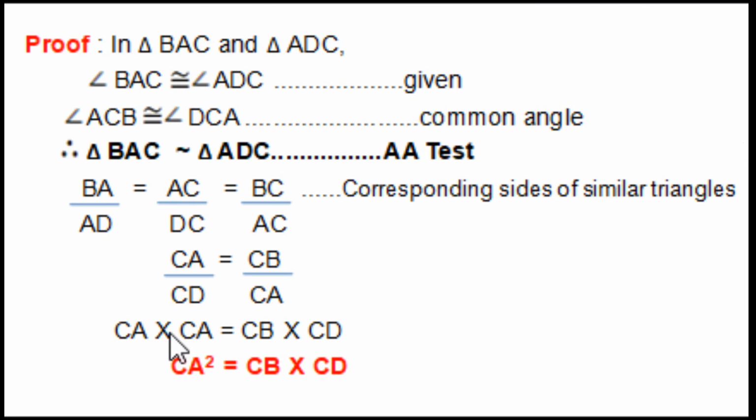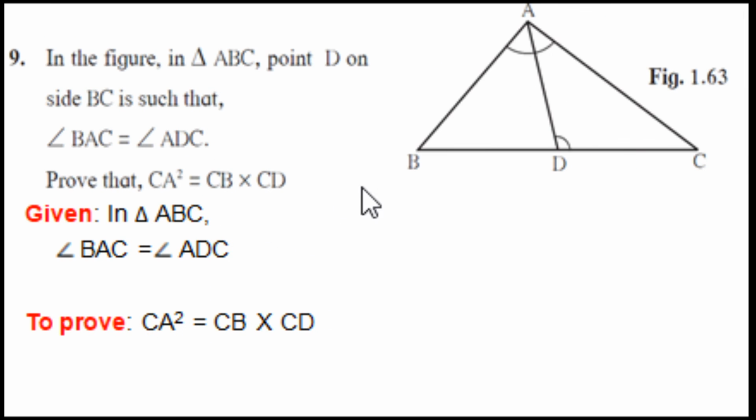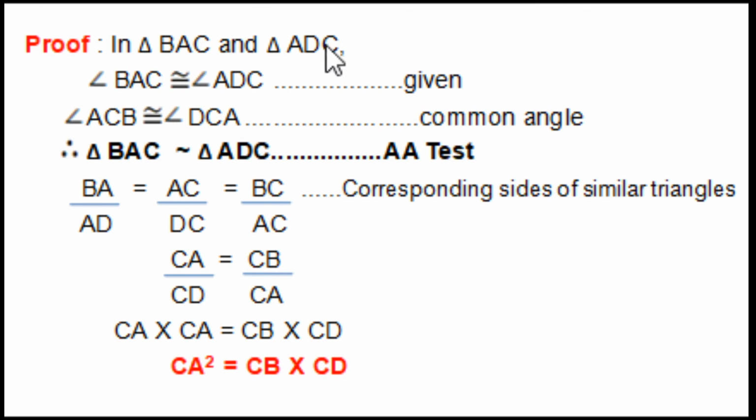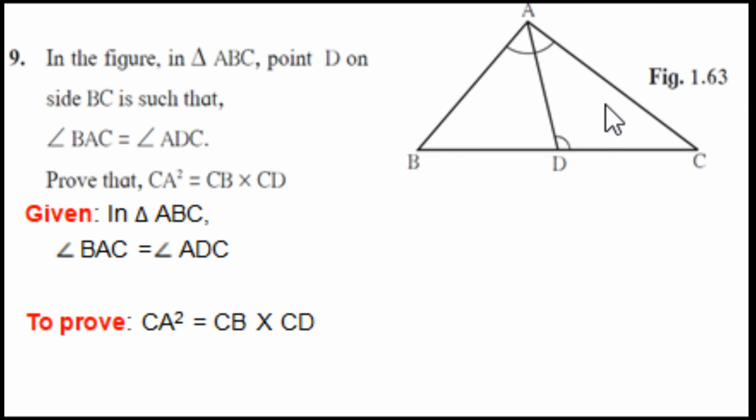Proof. We have to take these two triangles, the bigger triangle ABC and smaller triangle ADC. In triangle BAC and ADC, angle BAC congruent to angle ADC, it is given, as well as angle ACB and angle DCA is a common angle between those. This angle is common.